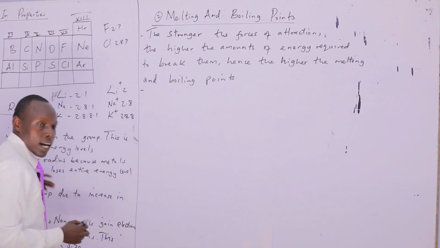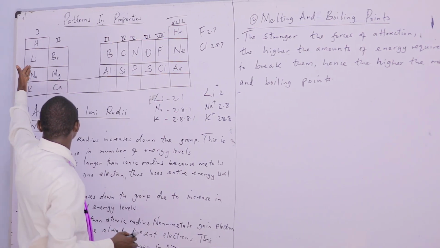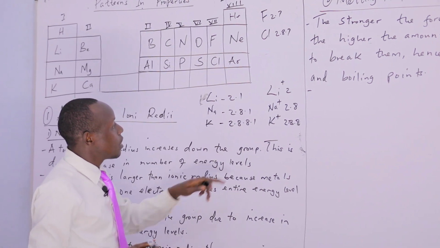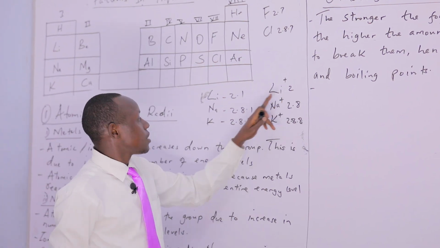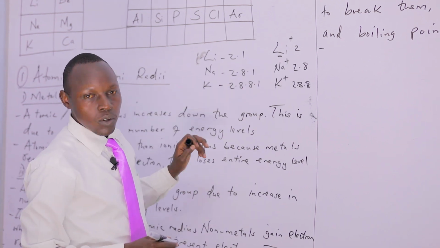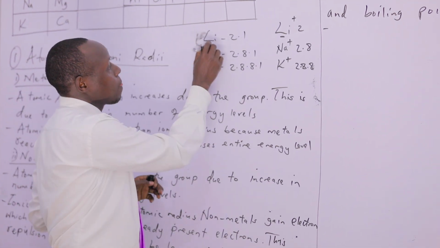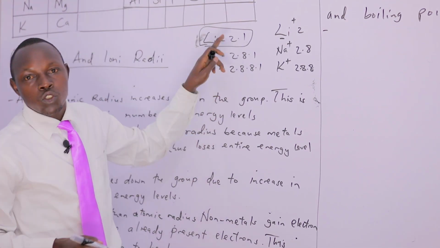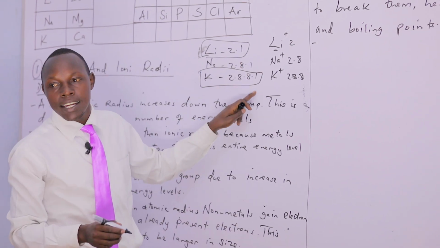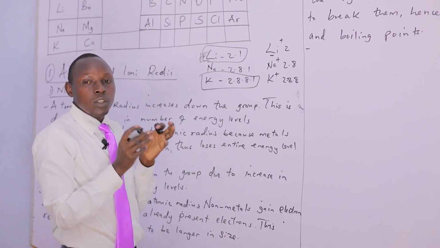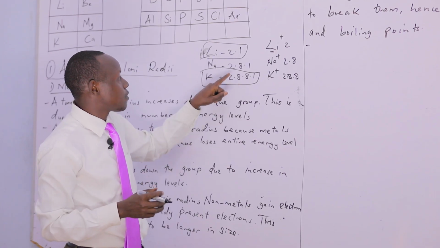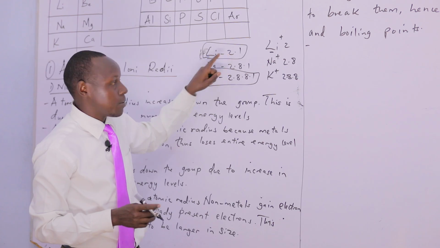When we look at metals in group 1 and group 2, looking at this lithium atom, for example, lithium atom here has 2 energy levels. Potassium has 4 energy levels. Therefore, the forces of attraction in potassium are weaker than the forces of attraction in lithium.